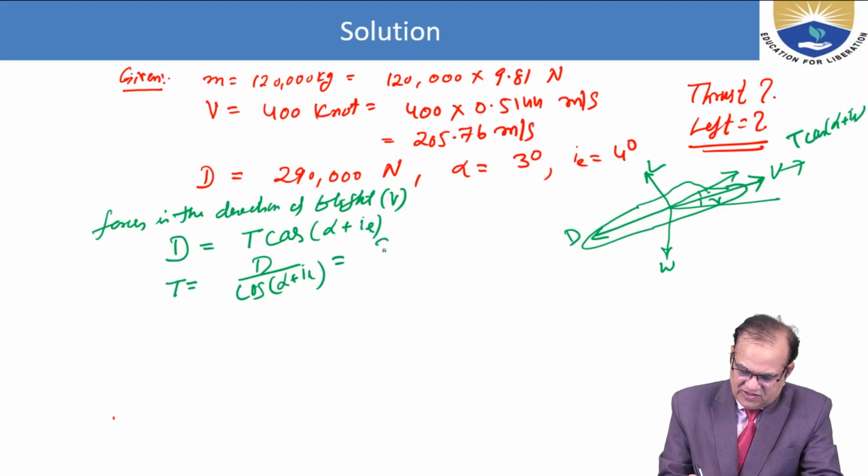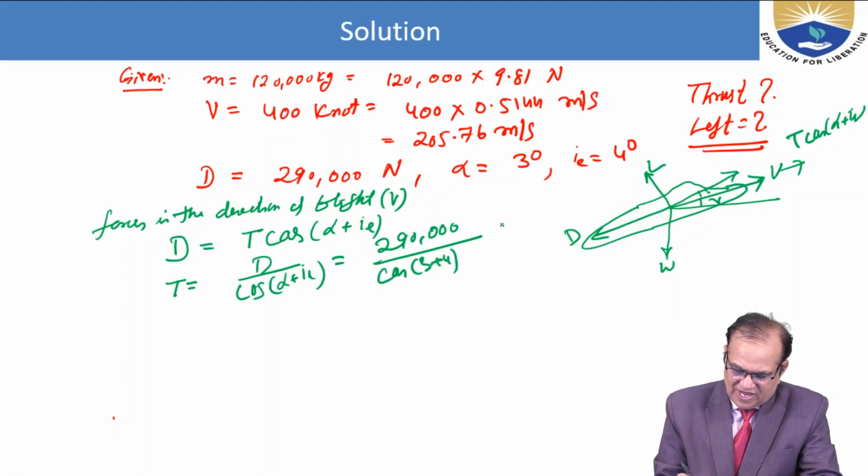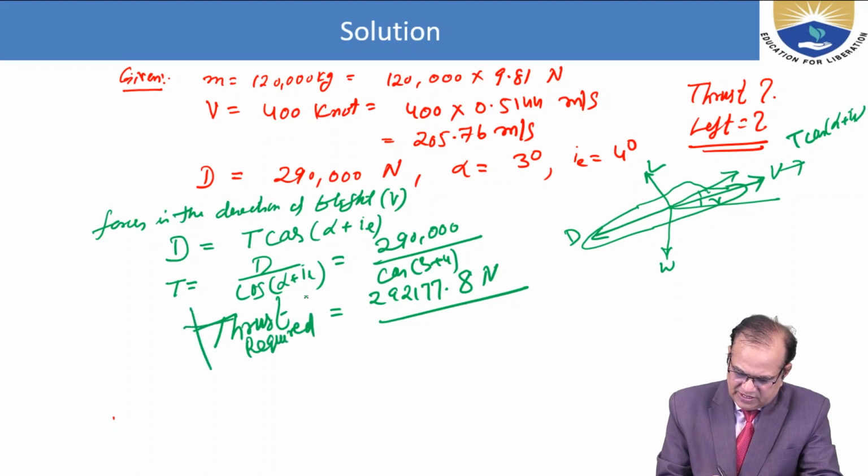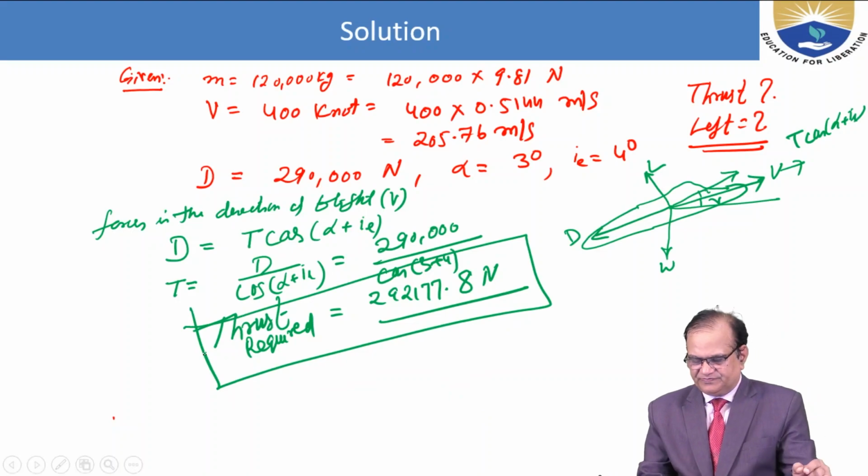D is given as 290,000 Newton, cos of 3 plus 4, and you will get the thrust as 292,177.8 Newton. So this is the thrust required. Okay, we got it.